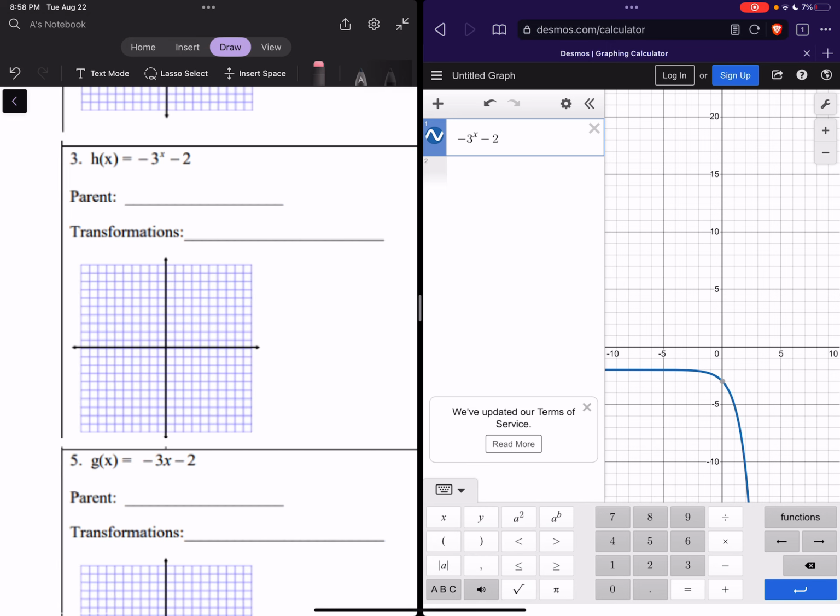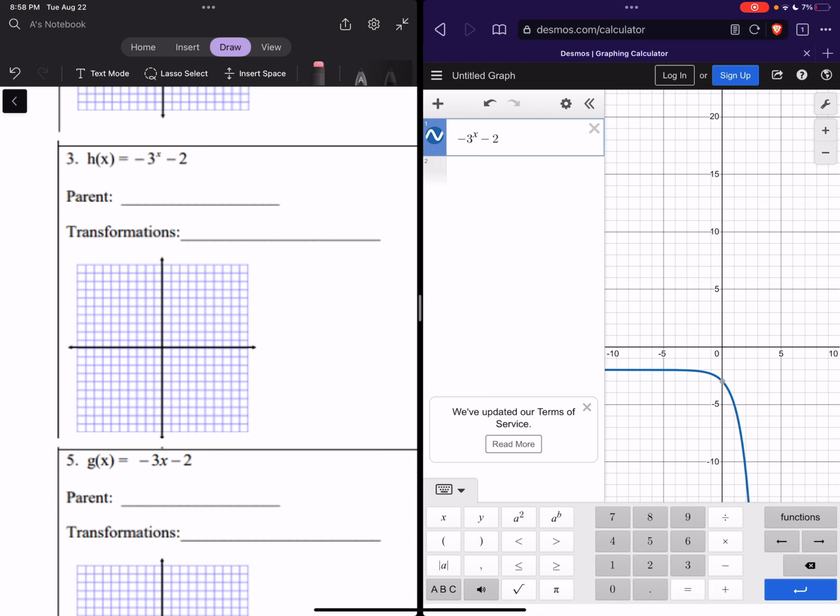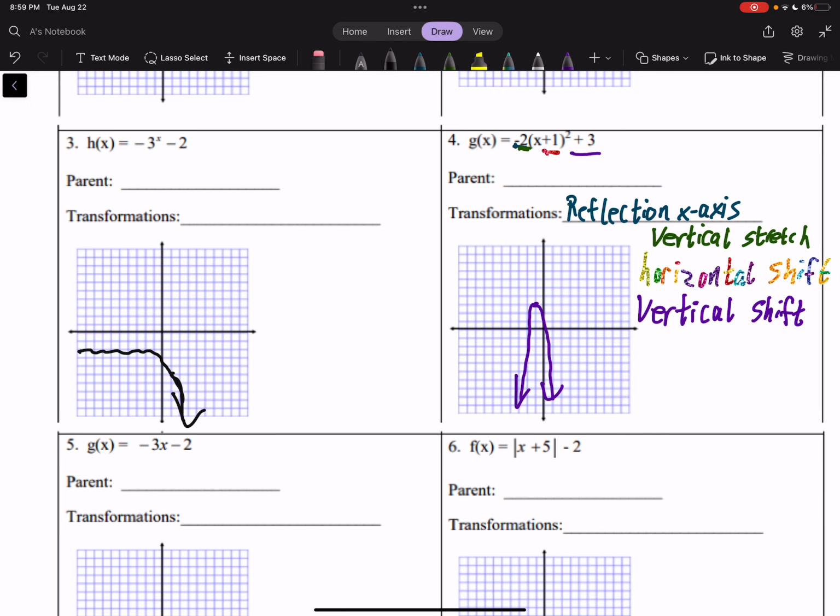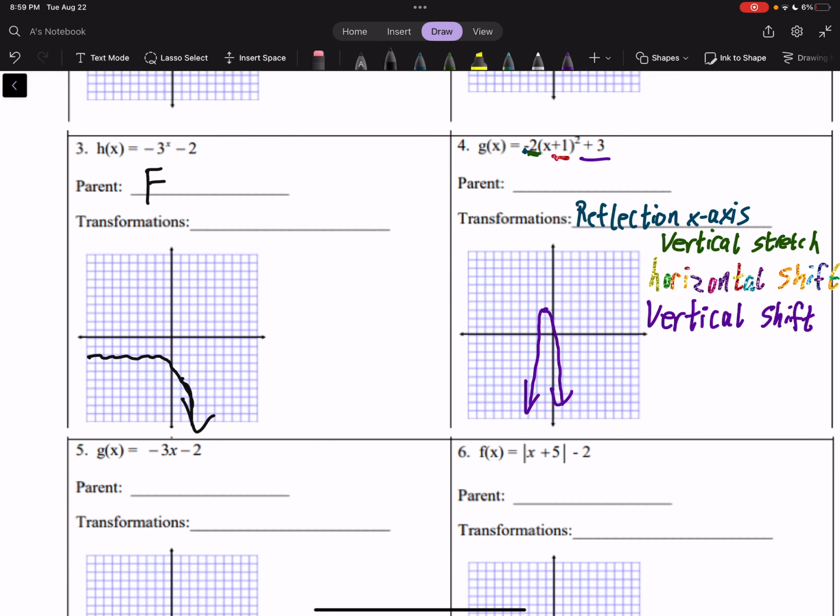Once you have it, you can copy it down. Again, pseudo-accurate. Just accurate enough for you to see the picture. Parent function was exponential.